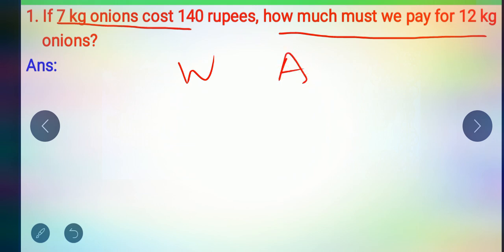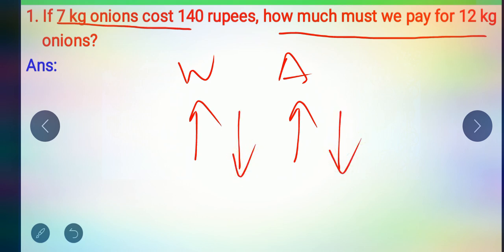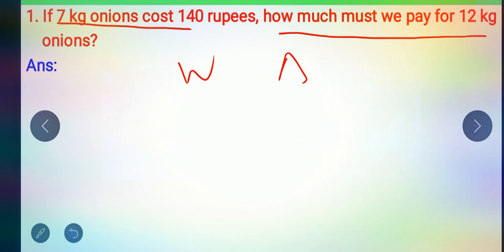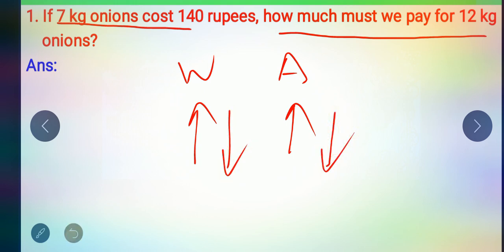It is obvious that if the weight of the onion increases, the amount will also increase. If the weight decreases, I will have to pay less money and the amount will decrease. I'll repeat again, students. If weight is more, I'll have to pay more money, the amount will be more. If weight is less, I'll have to pay less money.